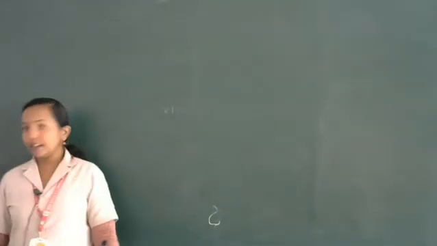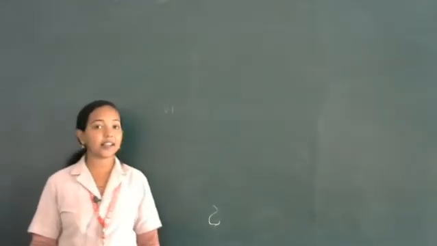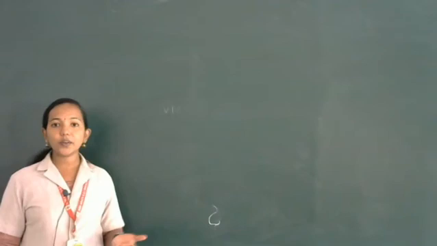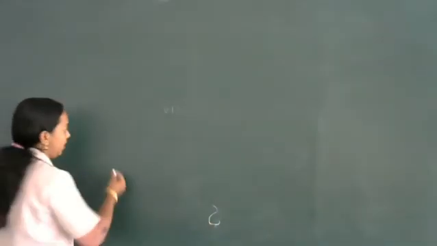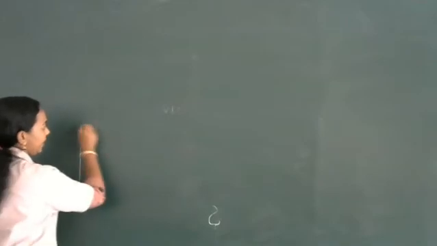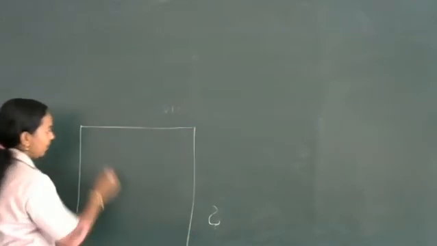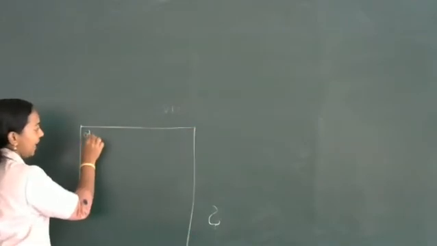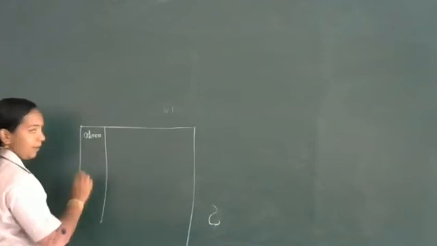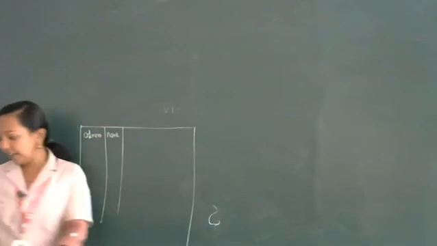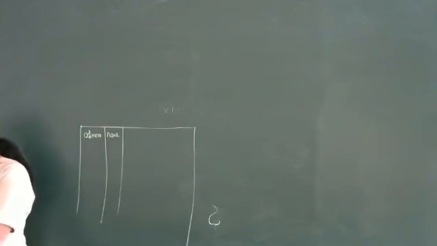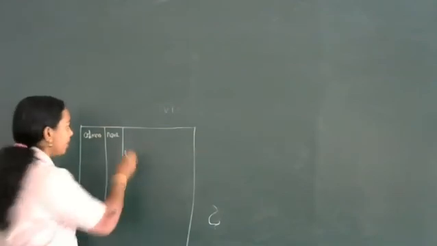So this is for describing. Once you create the table, for example the student table, it will get a layout like this. What is the first column? Admission number. Then name of the student. Then gender.